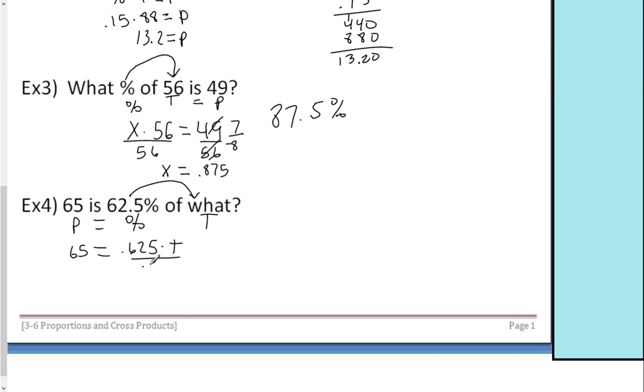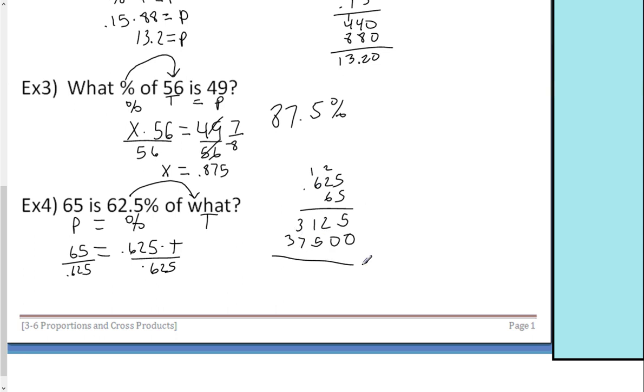So I'm going to divide both sides by 0.625. I'm going to have to go off to the side and do some math there real quick.